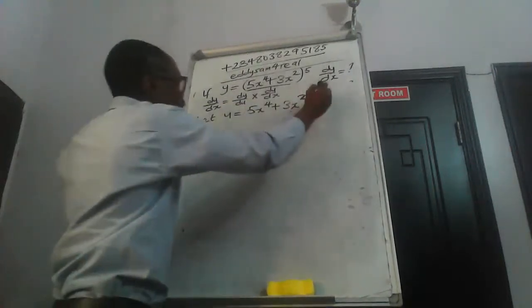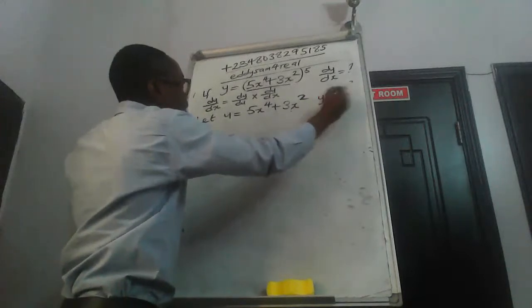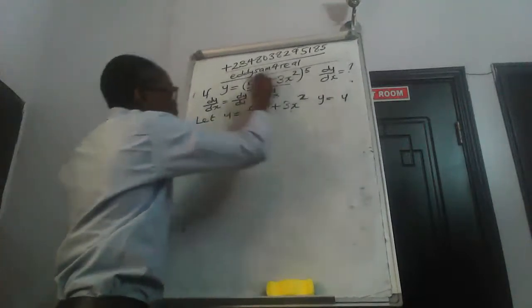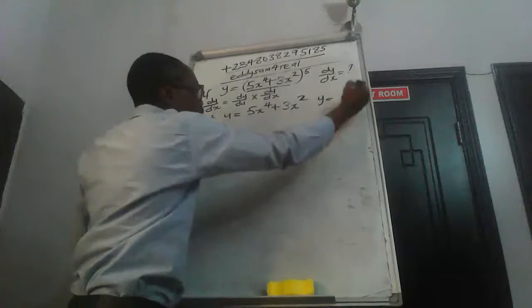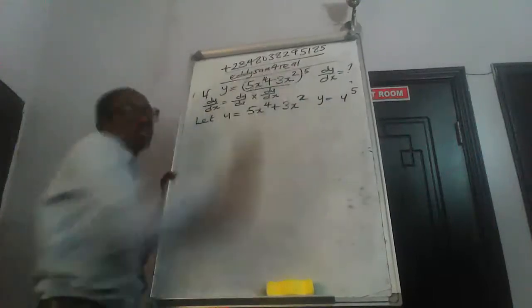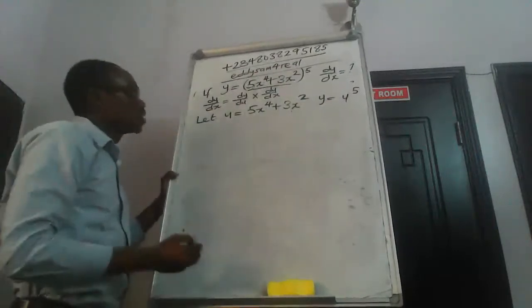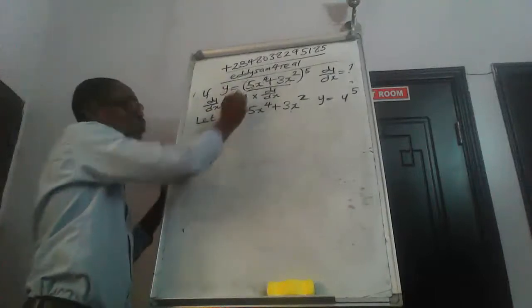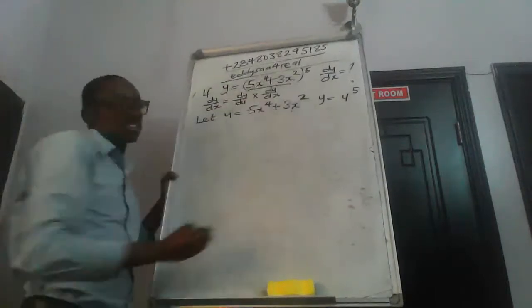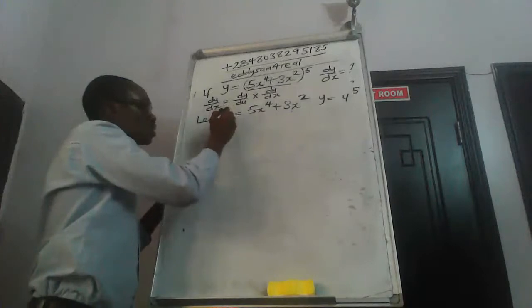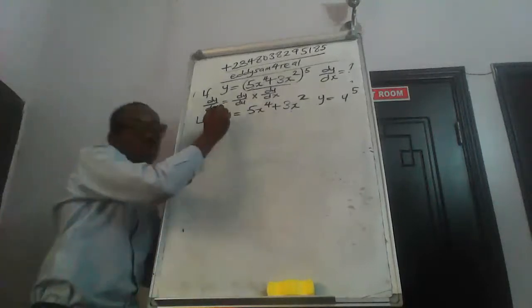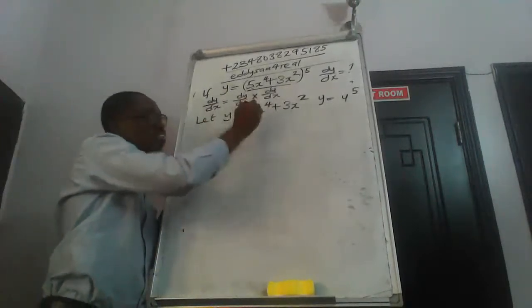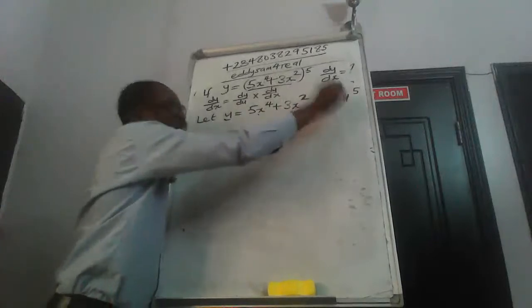So we're going to have that y is equal to u raised to power 5. This is now replaced with u. So what next do we do? We're going to look for dy/du and du/dx. So here you have u, so from here you're going to look for du/dx, while from here you're going to look for dy/du.